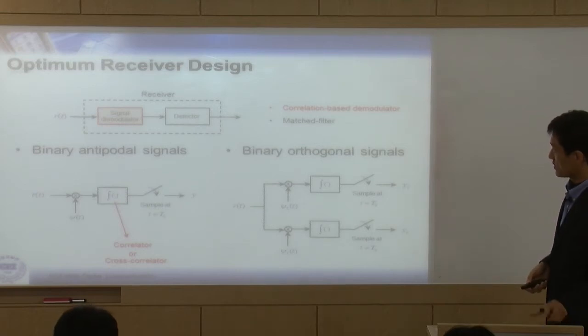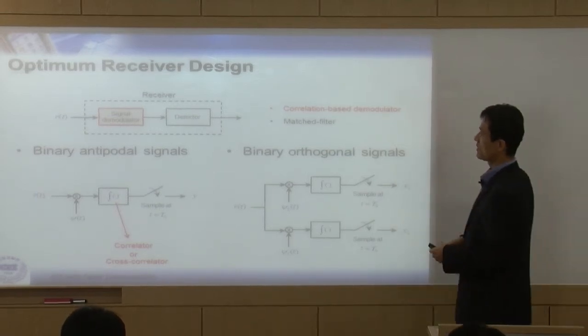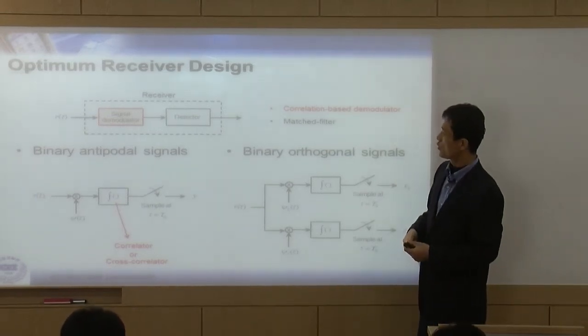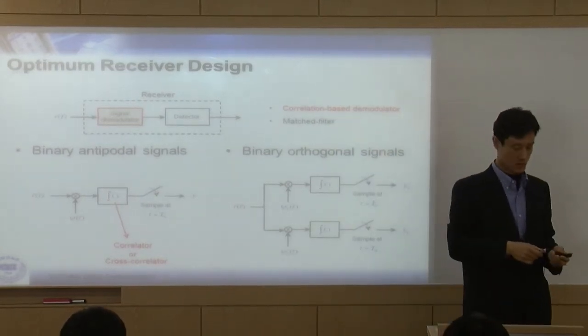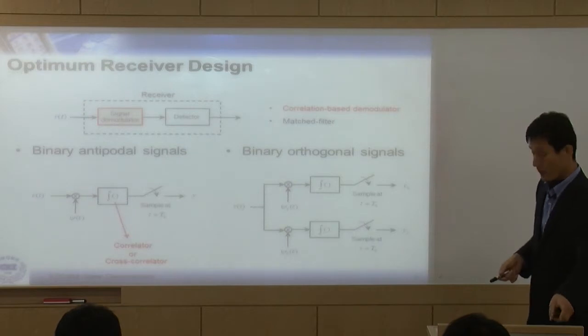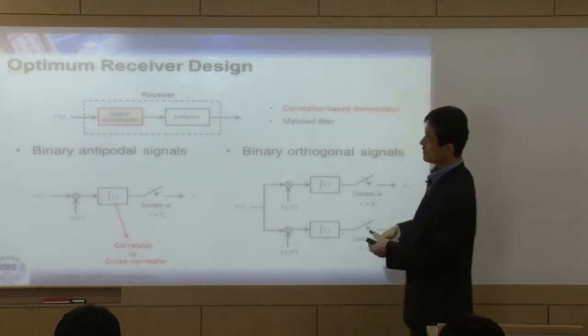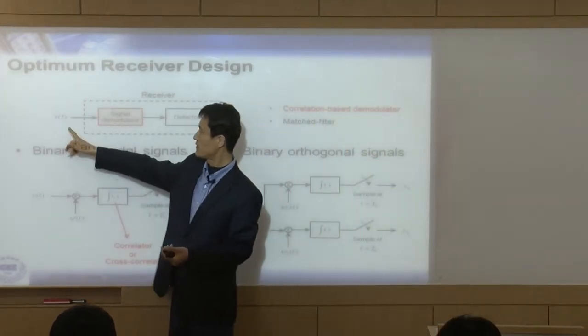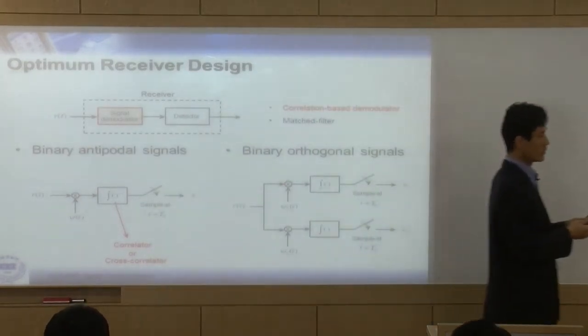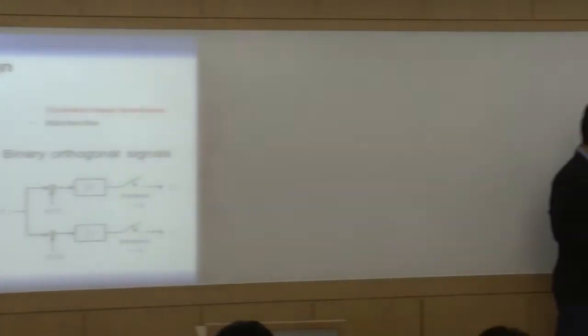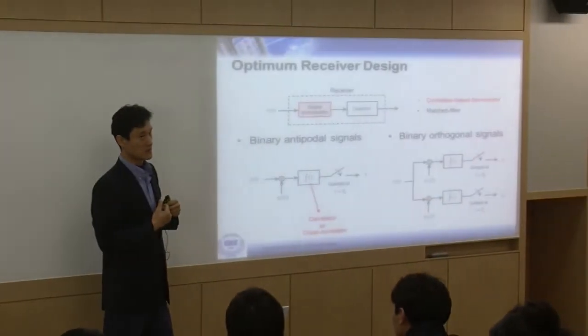We discussed some of the optimum receiver design last week. And one thing that we discussed was a correlation-based demodulation. What we are trying to do here is, we receive symbol r(t). This r(t) is what we received.